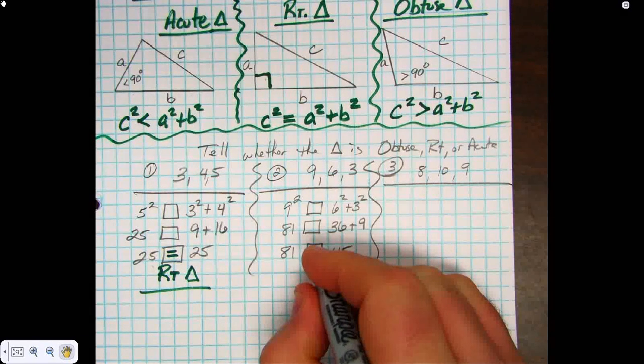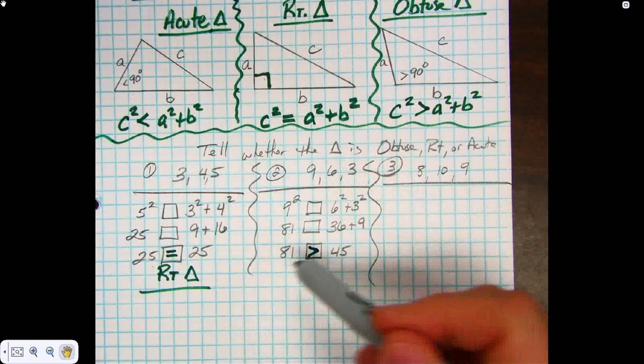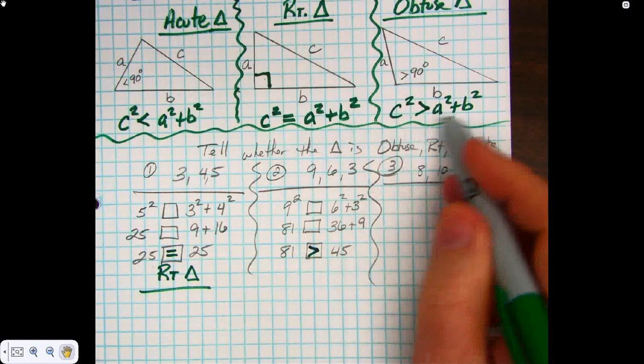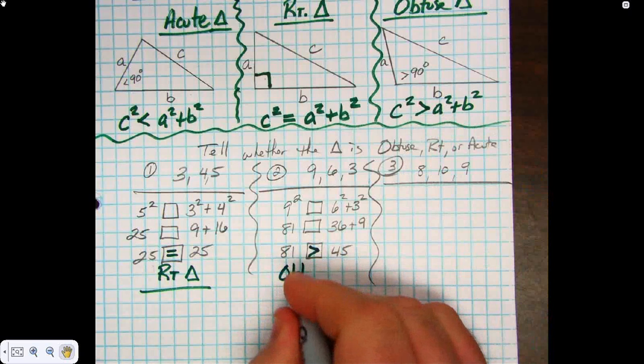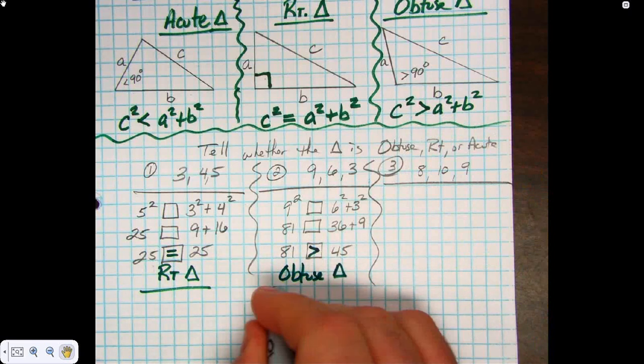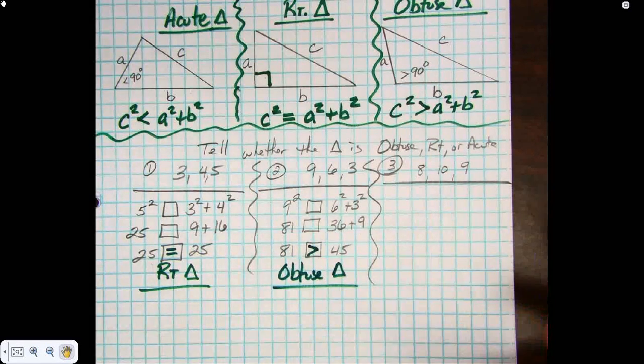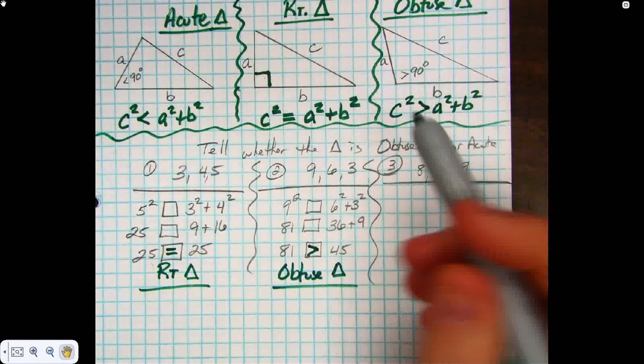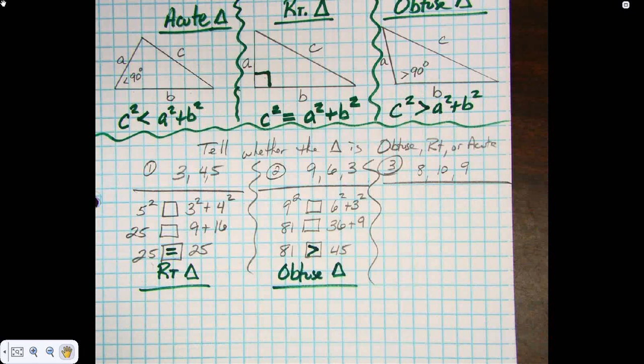It's what? So the hypotenuse is bigger than a squared plus b squared. So which one is it? Obtuse. Had to be obtuse because the hypotenuse is bigger. So that means that angle had to stretch out a little more, right? So it's got to be bigger than a 90-degree angle there.